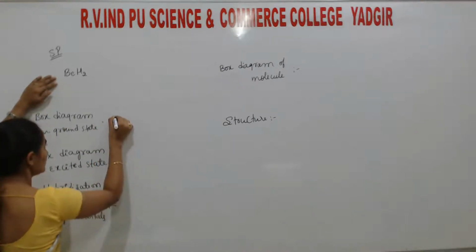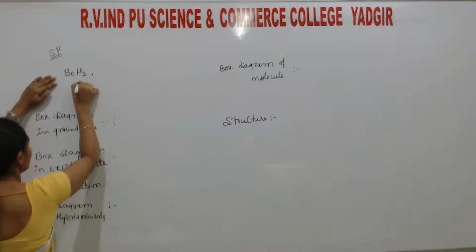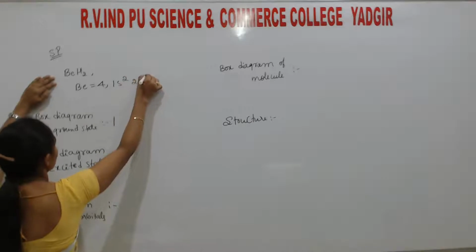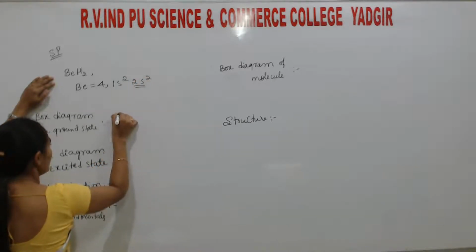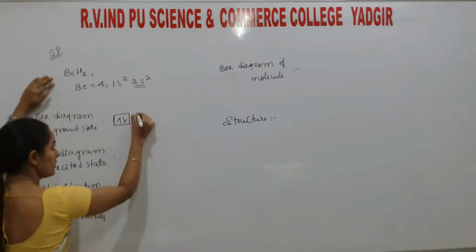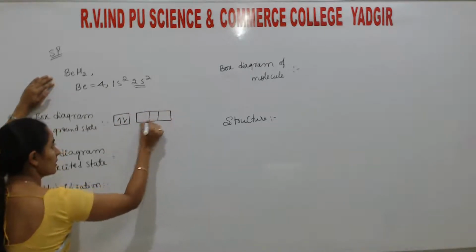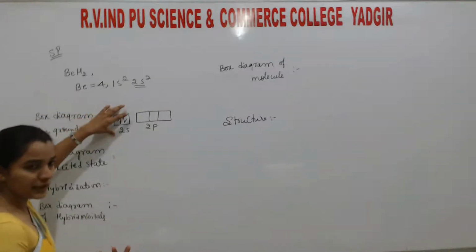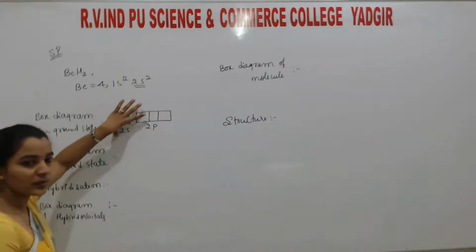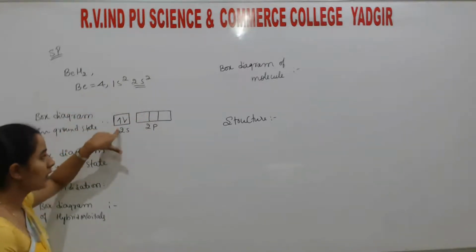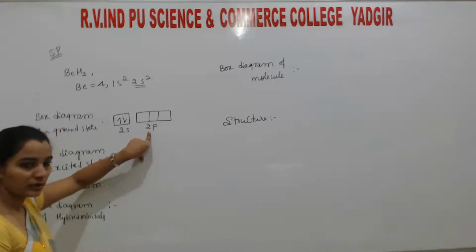So listen, beryllium is there, atomic number is 4, configuration 1s2, 2s2. This is the valence shell. Only one s orbital is there. Of course, in the same shell, the p orbital is also there because 2s and 2p are together. But in the 2p orbitals, there are no electrons. The L shell consists of 2s as well as 2p, but only in the 2s orbital are electrons there.